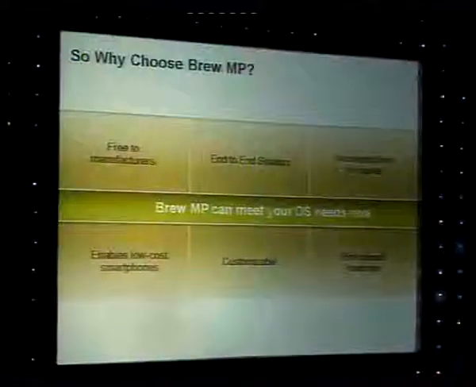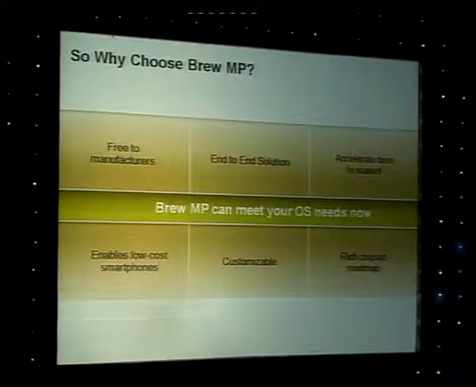As a recap, these are the strong benefits of BrewMP. One, it's free to manufacture, totally license free. Two, it's an end-to-end solution, as we talked about, from kernel all the way to the apps and services. The key goal of BrewMP is to help time to market, to help bring devices to the market very quickly. Another big thing is the tiering. It can work on low cost as well as the high tier.